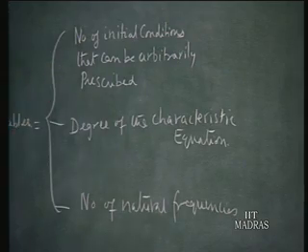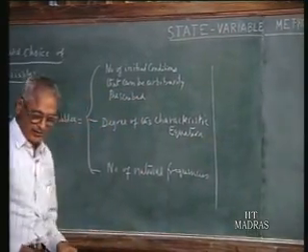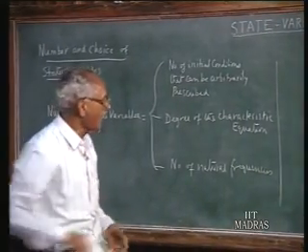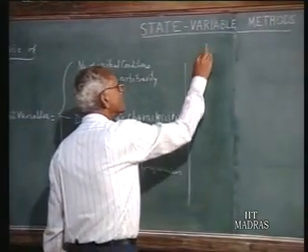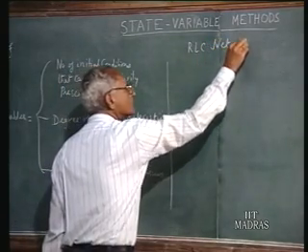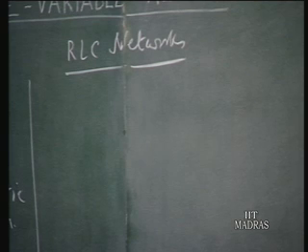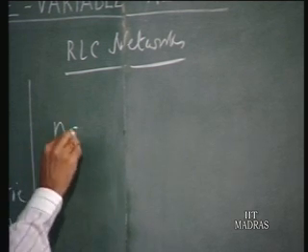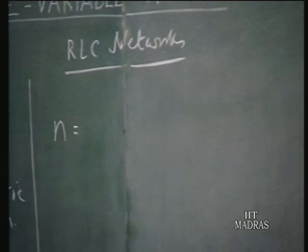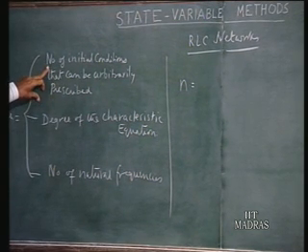Now, coming to the particular RLC network, the value of n equals, after all, we can associate initial conditions with capacitors and inductors.